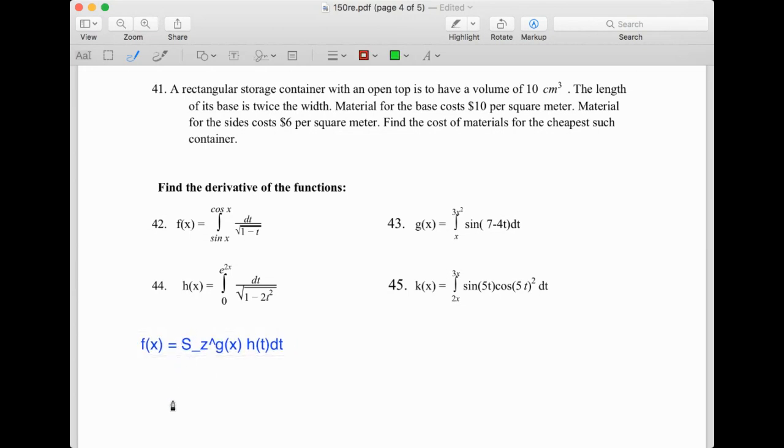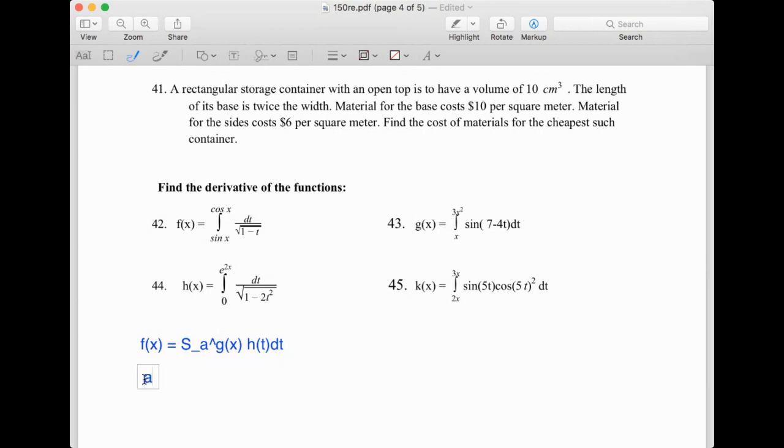So integration, the lower limit is a, it's some number. Certain conditions have to be satisfied.